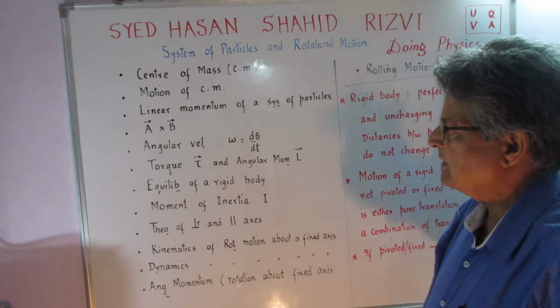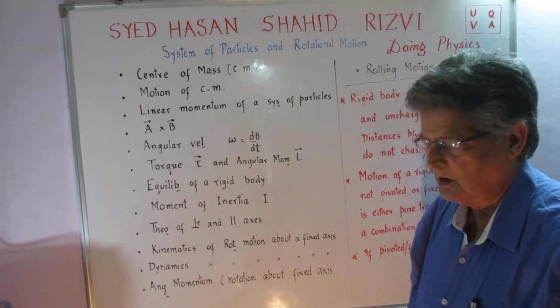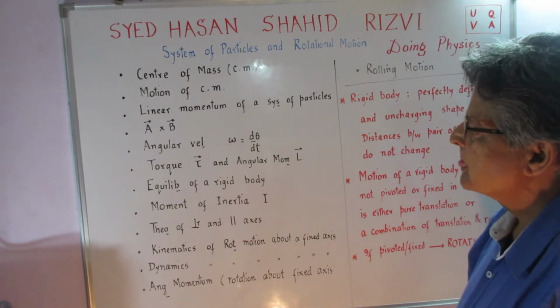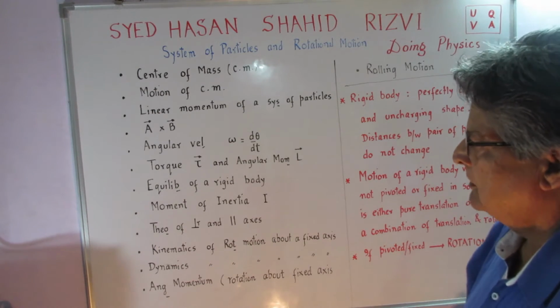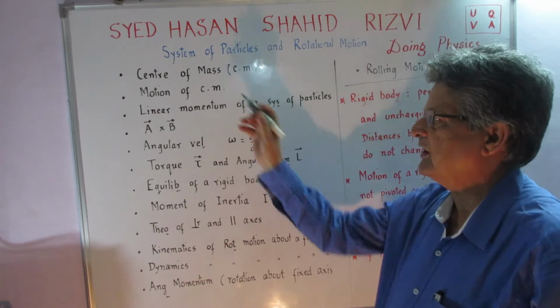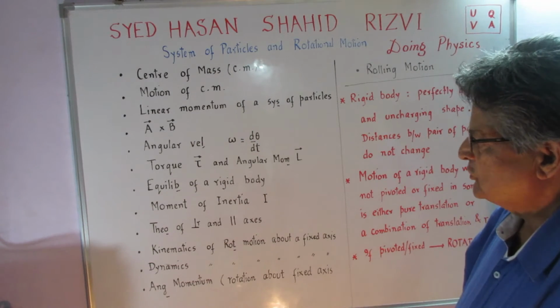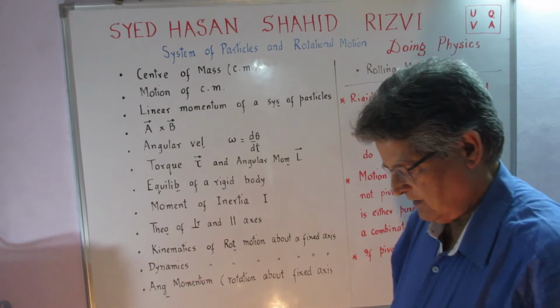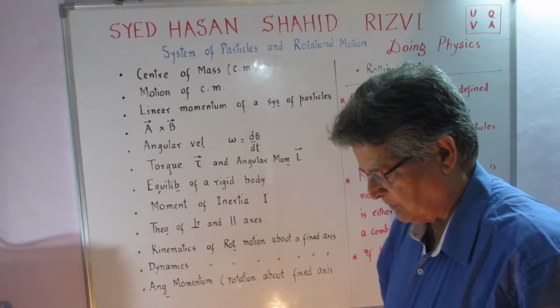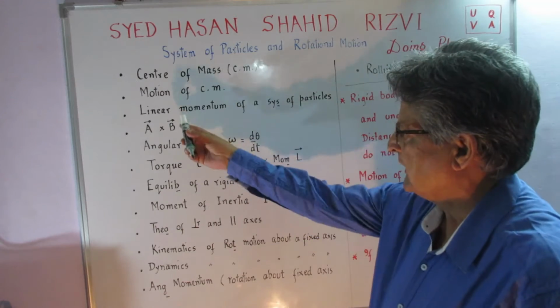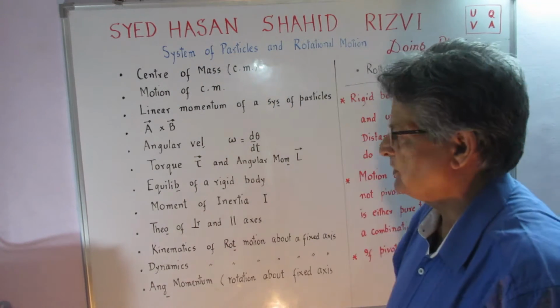After learning about the center of mass of a system of particles, we go for a brief description of the motion of the center of mass. And of course, then I define, and we have done so before, the linear momentum of a system of particles.